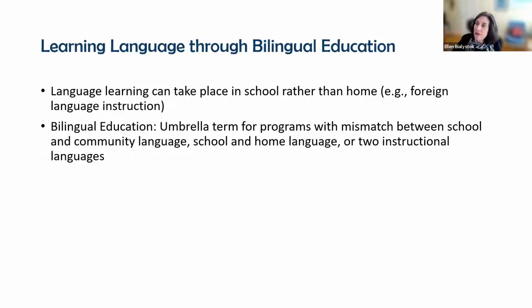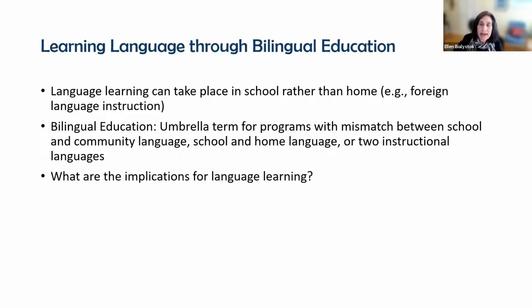So if we look at that kind of umbrella set of programs, what can we say about children who are becoming bilingual or learning language in these educational settings, as opposed to being bilingual and then showing up at school and being participants in our experiments?